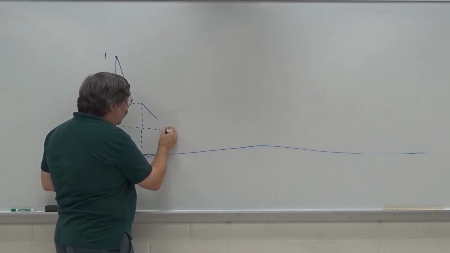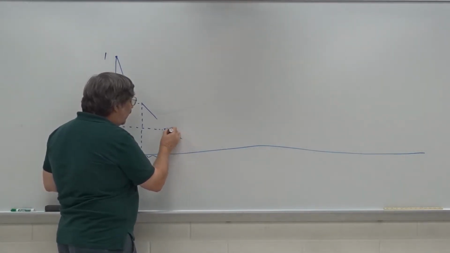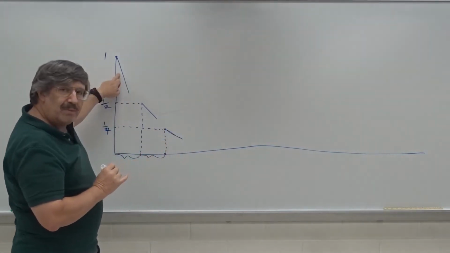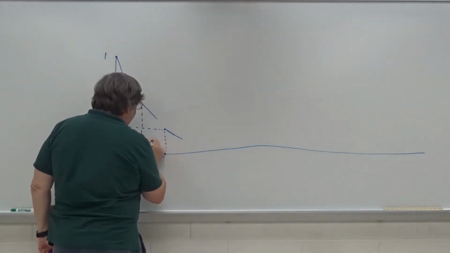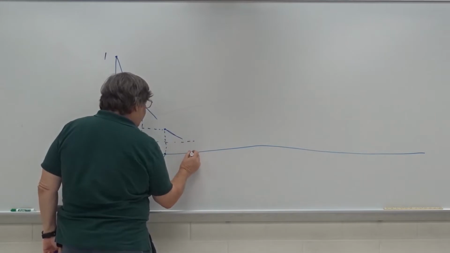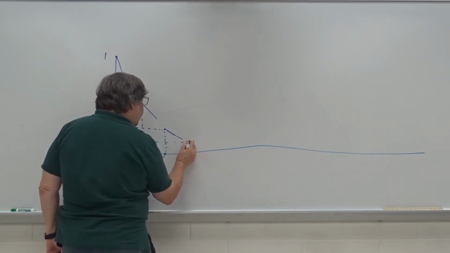Now that we're down to a quarter of it, it's only going to be decaying a quarter as fast as it was to begin with. And that means that it will again take this same amount of time to lose half of what we had.